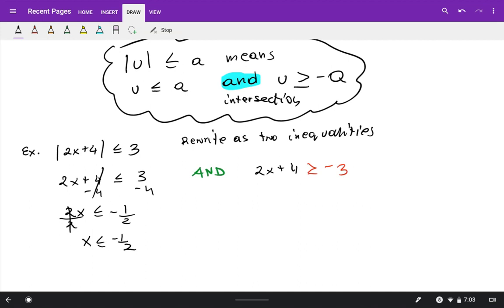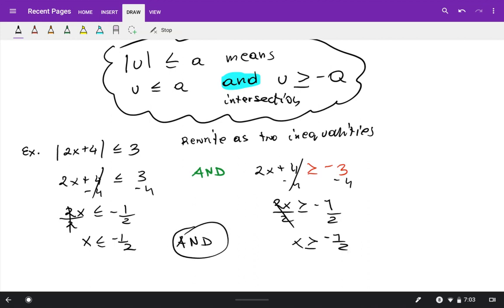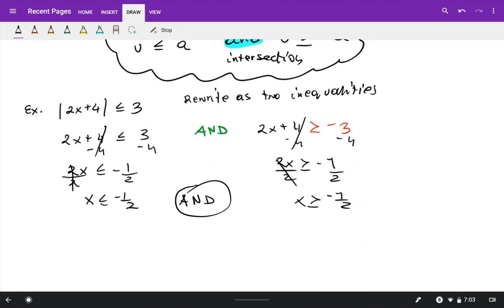Solve the second inequality. Subtract 4, we're getting 2x greater than or equal to negative 7, divide each by 2, and we're getting that x is greater than or equal to negative 7.5. And again, and. So when you solve both inequalities, we're going to find the intersection.